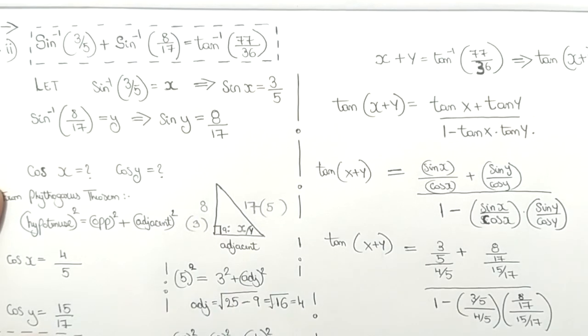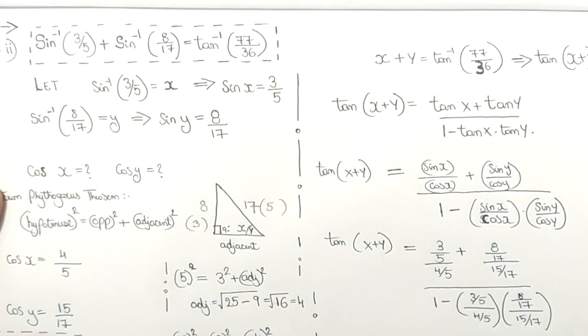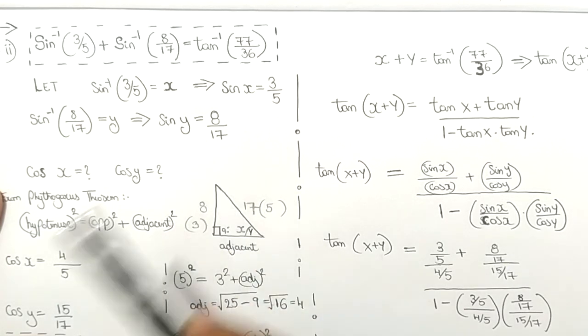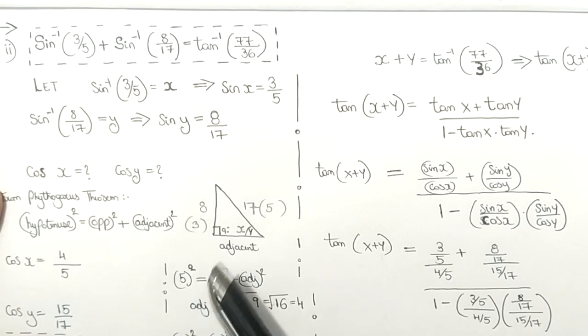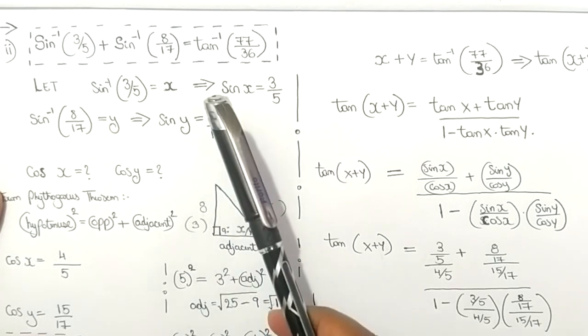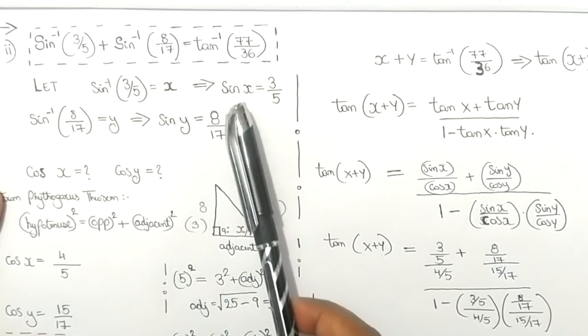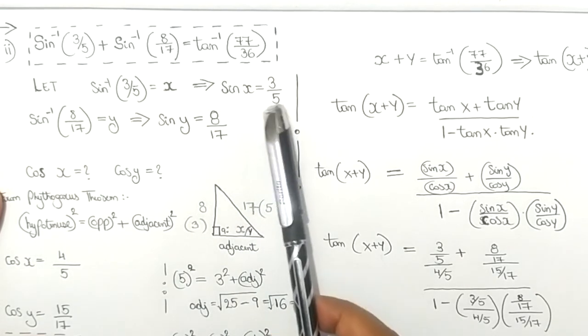Now, you know that from a right angle triangle we can get the adjacent, hypotenuse and opposite values. By definition of sine, sine theta is equal to opposite by hypotenuse. Here we know sine x is equal to 3 by 5.